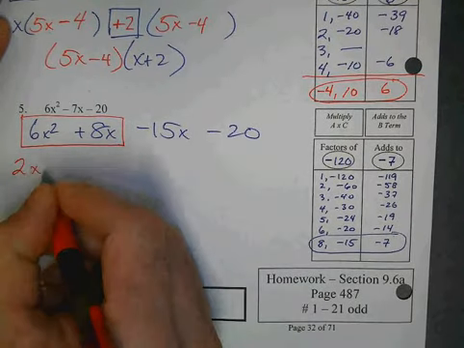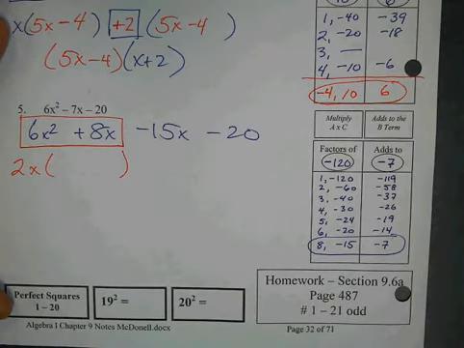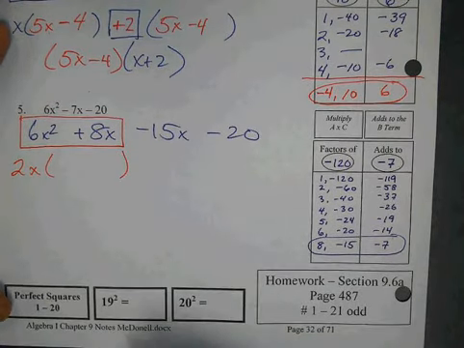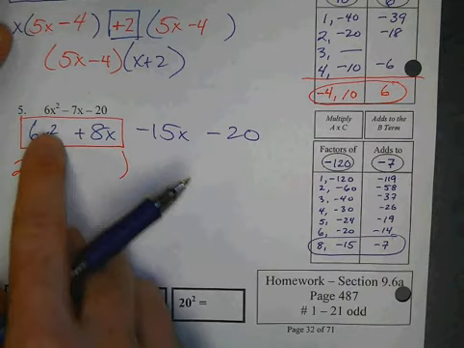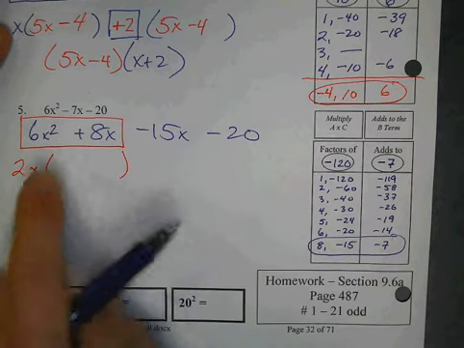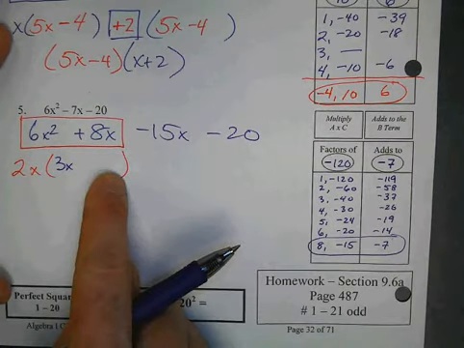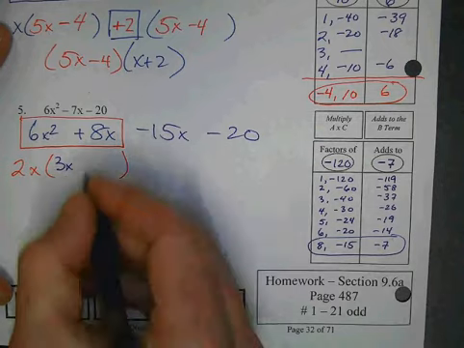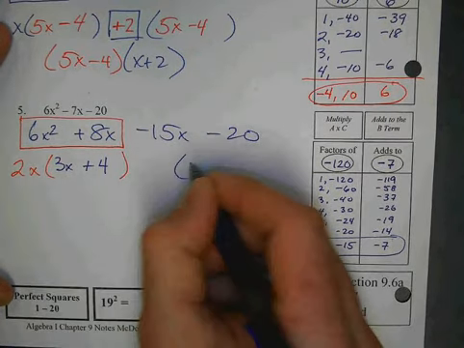Someone else of that foursome, can you tell me what's left? Two x times what is 6x squared? Yeah, 3x. And 2x times what is 8x? Plus 4. Thanks for saying a plus, Luis. All right, put the 3x plus 4 at the back.